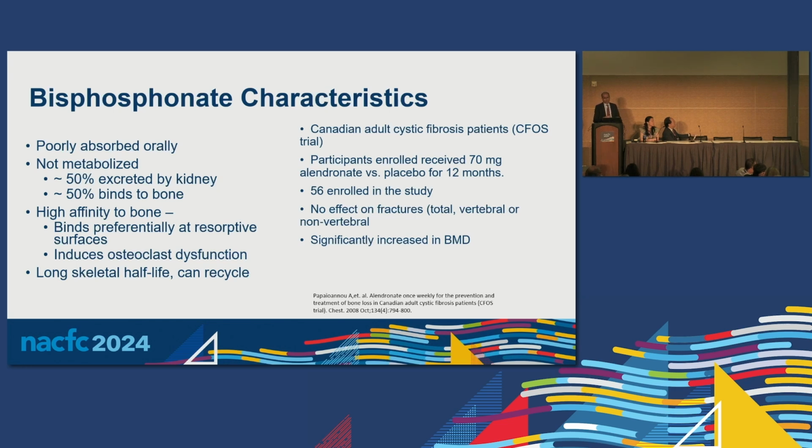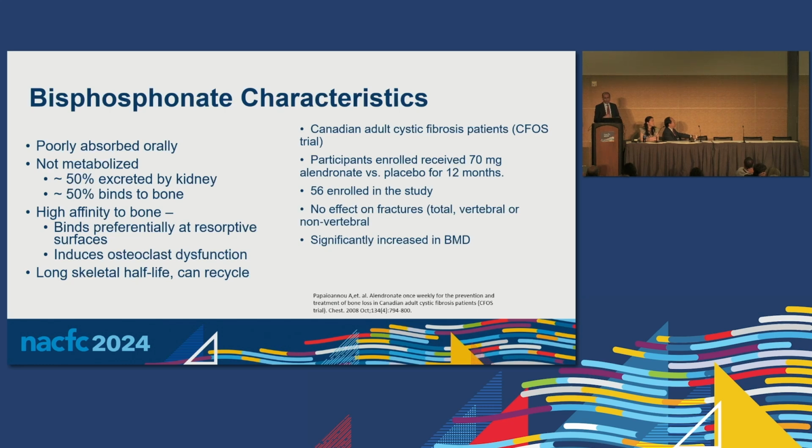One particular study, for example, the Canadian adult cystic fibrosis study, enrolled 56 participants who received 70 milligrams of alendronate versus placebo for 12 months. There was no effect on fractures, but they did see a significant increase in bone mineral density.